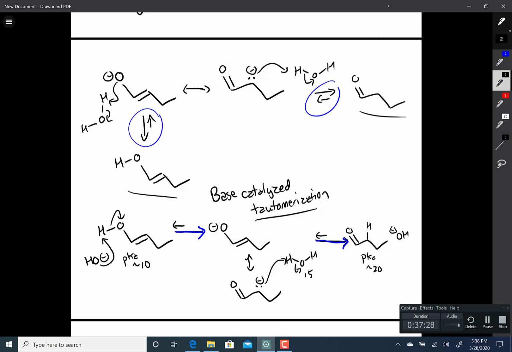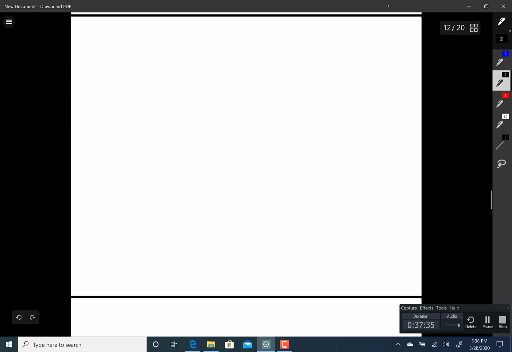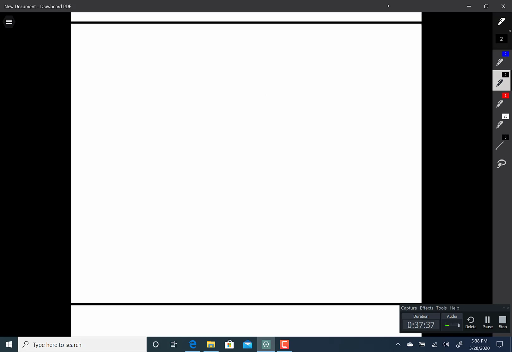Okay. Now, before I continue on, say you have an alkyne like this and treat it with hydroboration.